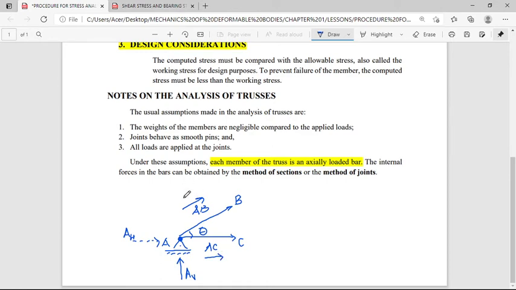So, kung ang assumption mo, halimbawa, para kay force AB is a tensile force, ang assumption mo rin kay force AC ay tensile. Kapag in-analyze mo yan or sinolve mo yung value ng forces na yan using the equations of equilibrium, tapos nag-negative, kumontra dun sa assumption mo yung sign nitong value ng forces na to.